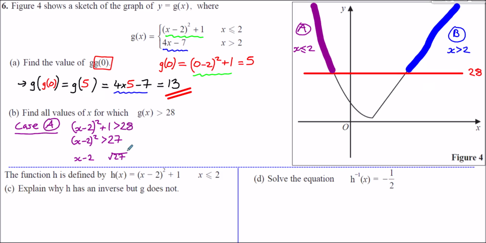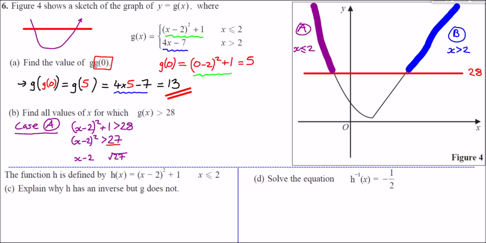But what I want to do here is just to sketch this out for a moment. So if you imagine a graph of (x minus 2) all squared, something like this, and then we want it to be at least at a height of 27. So just like we did here, imagine a horizontal line across at a height of 27.